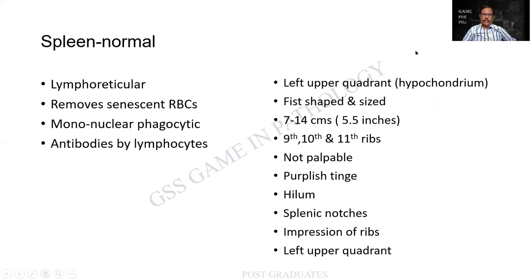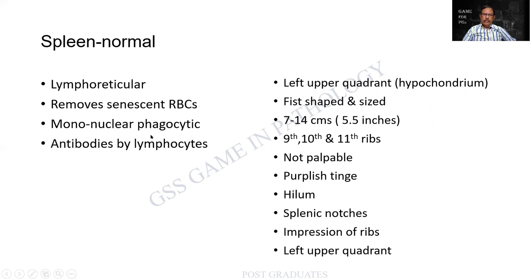When we talk about the spleen, we should remember certain fundamentals. One, it is a lymphoreticular organ. When I say lymphoreticular, it can be lymph node, thymus, bone marrow, spleen. The function is it removes the senescent or the old RBCs.